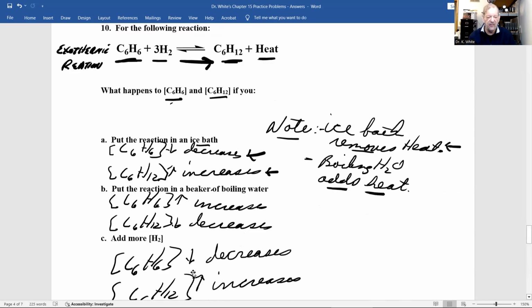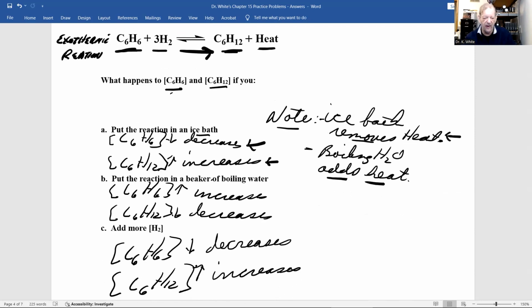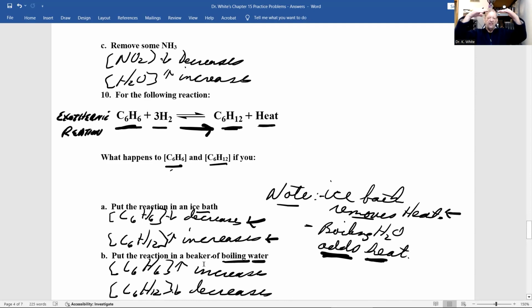Now, just the opposite happens when you put it in a beaker of boiling water. Boiling water adds heat. So at equilibrium, there's a certain amount of heat. Now, putting it into boiling water, you have too much heat. And it says, oh no, you didn't know equilibrium can talk.